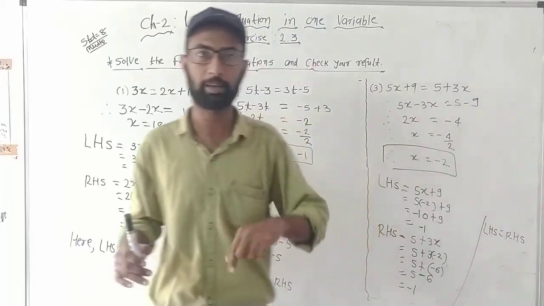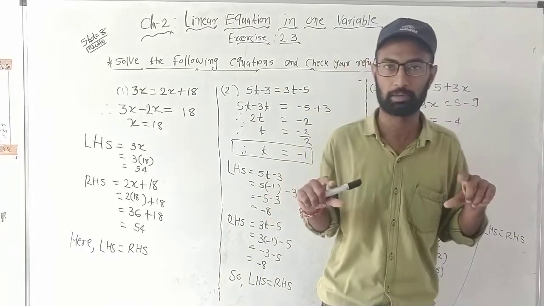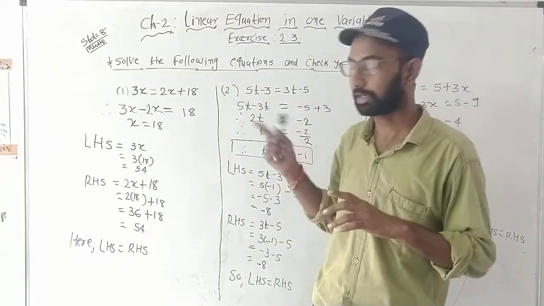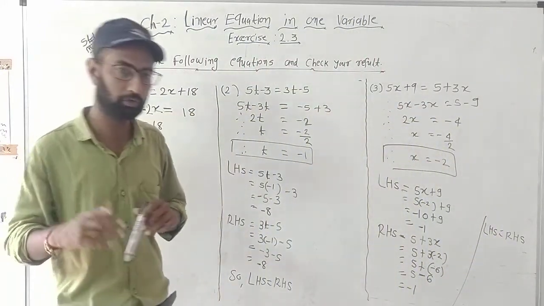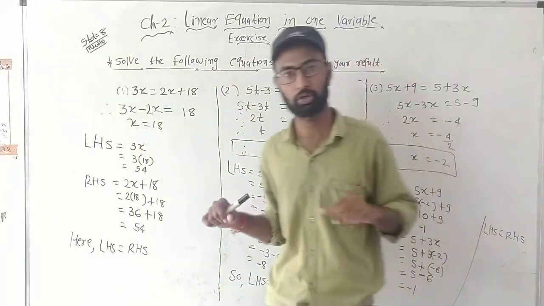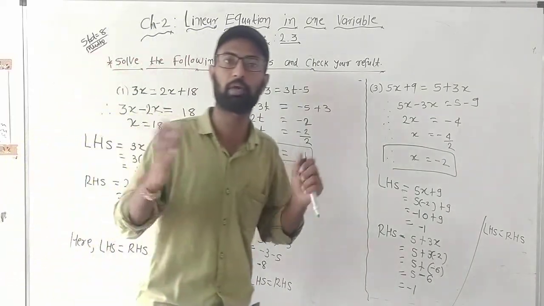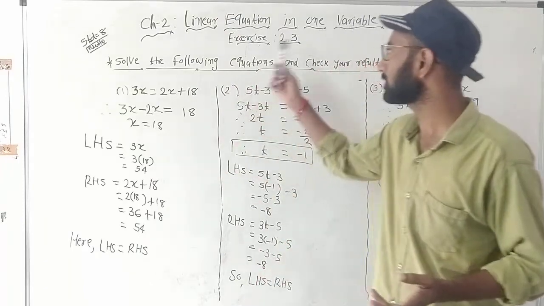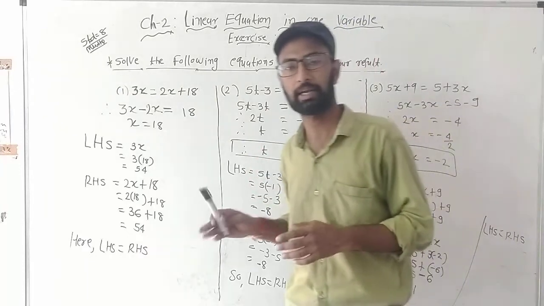If you are not having it, I am going to put all the 10 sums, means the equations of all 10 sums, in our WhatsApp group, and you can see the screenshot, the photos, and you can solve the equations by yourself. If you are not having the textbook, fine. If you have the textbook, then it's perfectly okay. You can open exercise 2.2 and go to sums 4, 5, 6, 7, 8, 9 and 10.